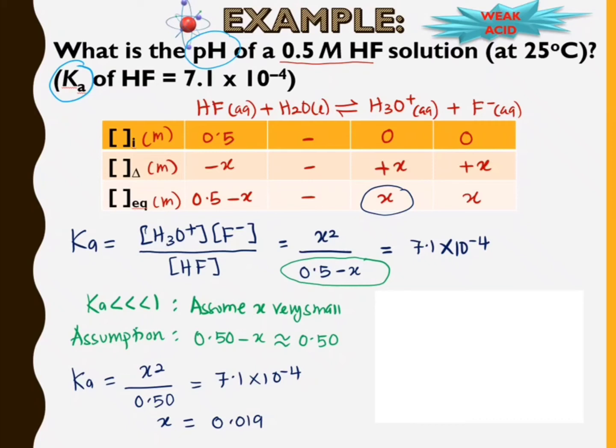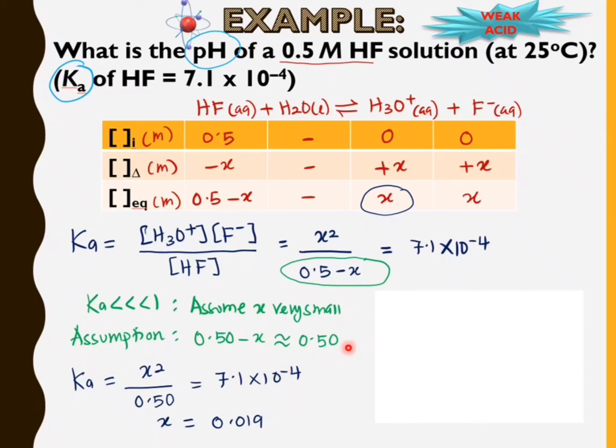But class, we need to check whether our assumption diterima ataupun tidak. Awak kena check. Kalau awak tak check, salah. Okay, awak kena check nilai X yang awak dapat ni 0.019 ni boleh dipakai ataupun tidak. Kalau tak boleh digunakan, awak kena selesaikan quadratic equation. Okay, so macam mana nak check?